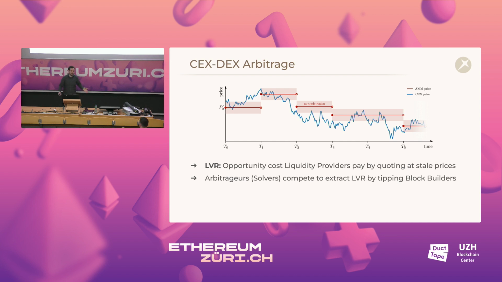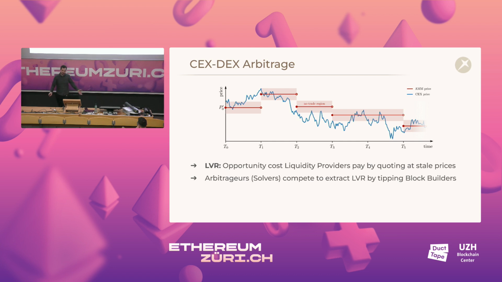And they do this by tipping block builders, and block builders are then passing some of this money to the proposers. So as you see, this problem is quite different from sandwiching, because in sandwiching the MEV comes from the actual trader, and here the value comes from liquidity providers that are actually putting money in there.